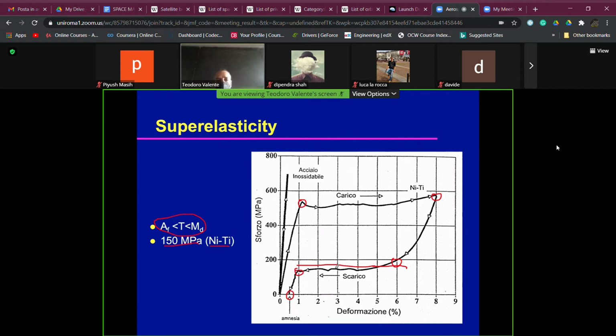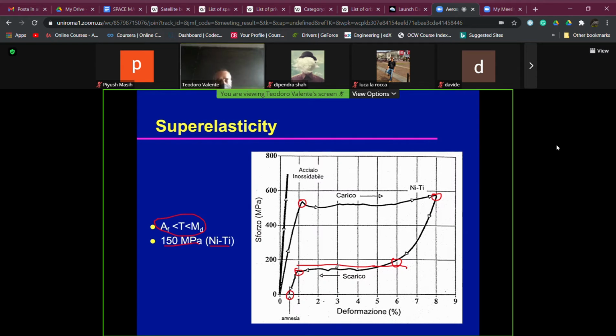So this means that, for example, if we have a wire having a cross section of 1 square millimeter, it gives back to us a force able to move 15 kilograms.